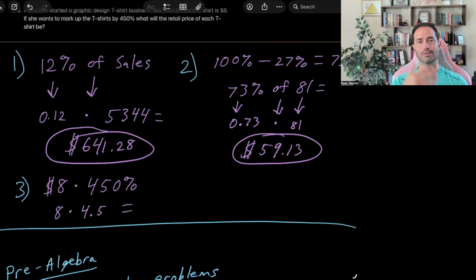So we do 32 plus 4, and we get 36. So her cost is $8. She's going to turn around and sell it for $36. So she's going to make a massive profit, right? And if she has any other expenses, right, she could pay those off, but the rest is just going in her pocket. All right, great work.